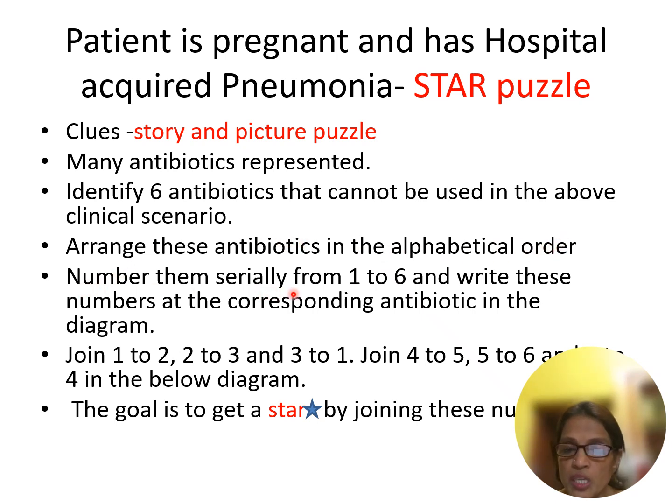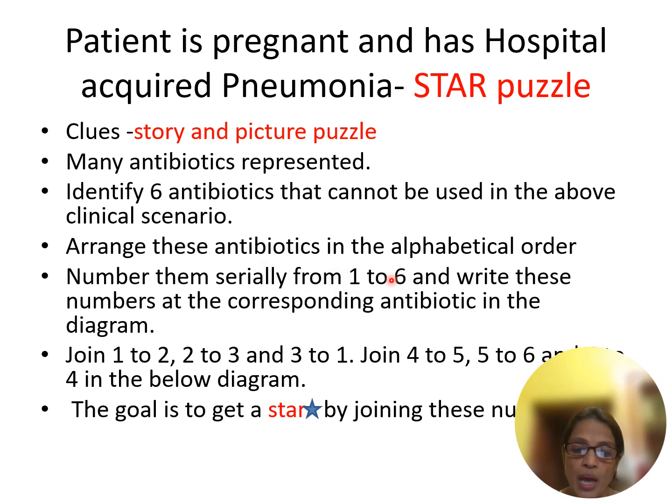Then number them serially from 1 to 6 and write these numbers at the corresponding antibiotic in the diagram. In the next diagram, I have given you a host of antibiotics. So in that, what you need to do is arrange all these antibiotics that have to be avoided in pregnancy and also in lower respiratory tract infection, and then give them the numbers 1 to 6 after arranging them alphabetically.